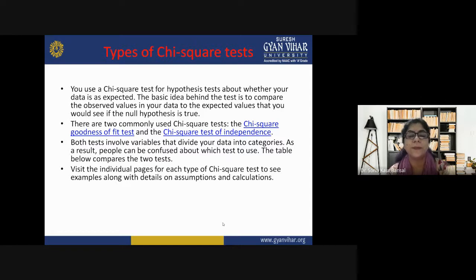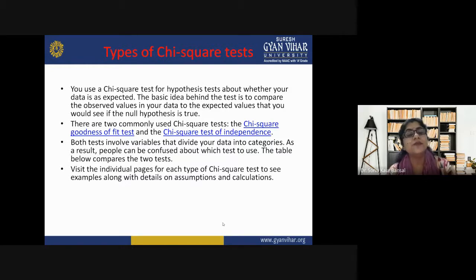There are two commonly used chi-square tests: the chi-square goodness of fit test, which I have just shown, and the chi-square test of independence and homogeneity, but the two main ones are those I have told you just now. Both tests involve variables that divide your data into categories.